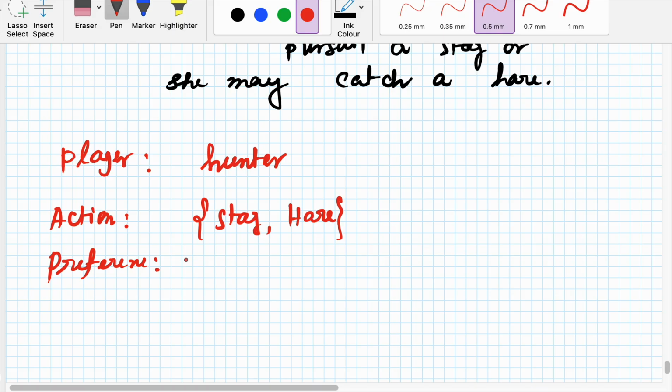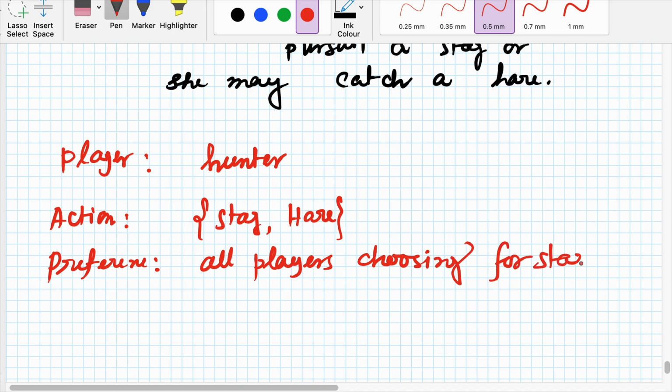The most preferred outcome will be all players choosing stag. Then they successfully catch the stag, it will be equally divided among themselves, and they will like the stag most. So the most preferred outcome will be this.